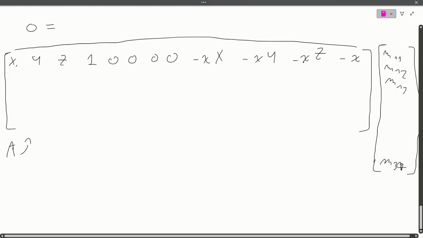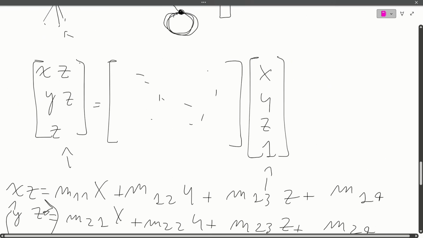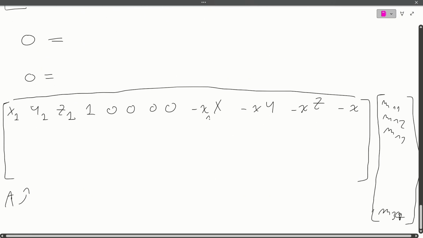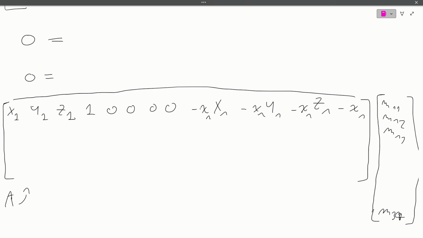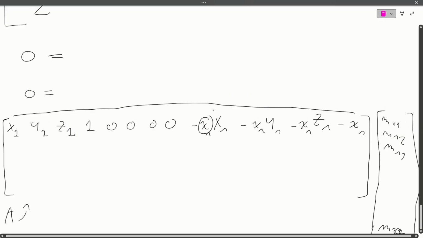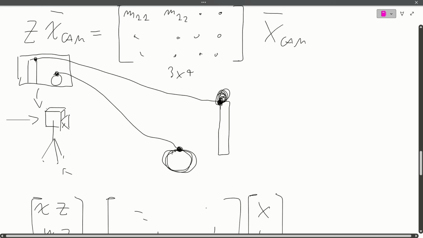So we can change the name and say that these first 3 are the coordinates of the first point that I've taken, and this small x is the first coordinate of the point in the display.